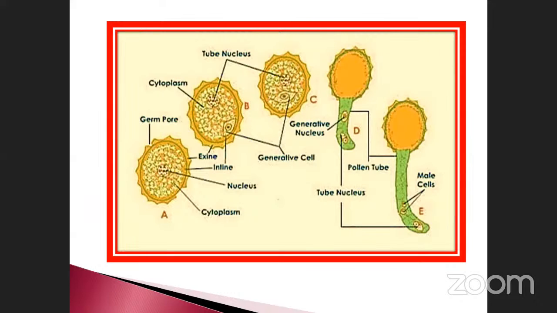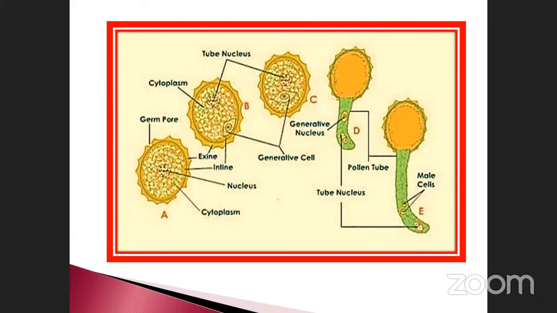Generative cell division also takes place here. These are all the same, but in this case the intine forms a tube-like structure. The inner layer is called the intine. The two nuclei come out. So finally, the pollen tube formation takes place.